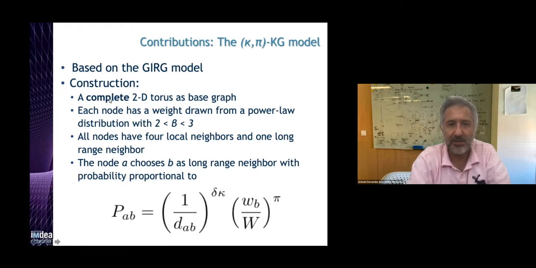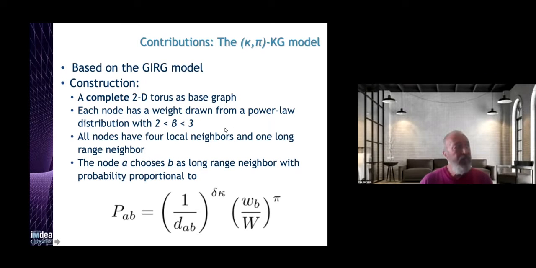Something slightly different from the GIRG is that we assume that we start from a complete torus, 2D or delta-D, in which the short distance links are available. As GIRG does, we assign to every node a weight drawn from a power law with beta between 2 and 3. And we only choose one long distance neighbor.